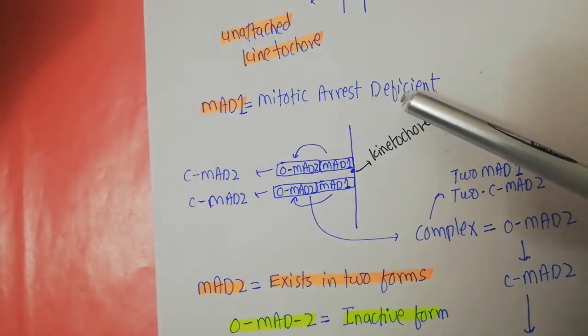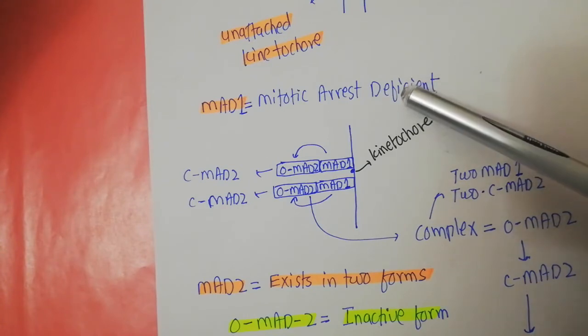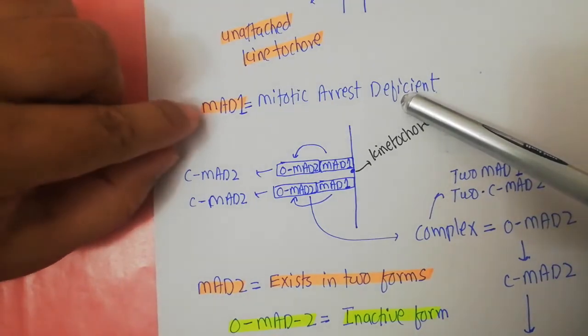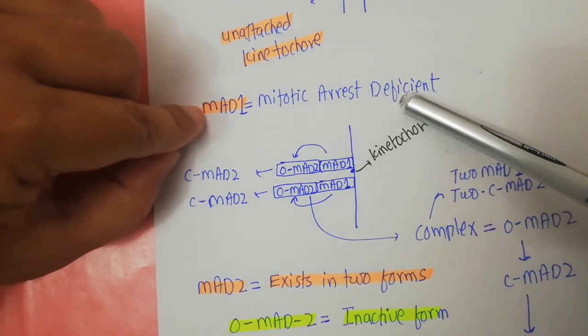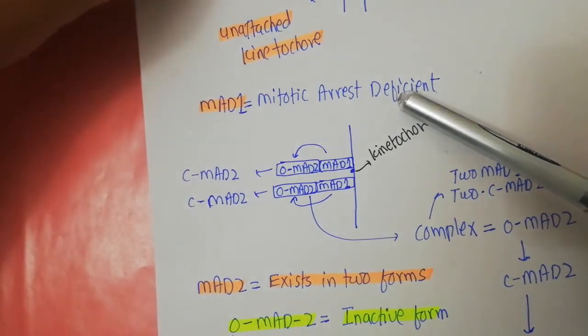This is known as the mitotic arrest deficient protein, because in a mutant cell, when there is a mutation in this particular protein, the process of mitosis cannot be arrested when there is a problem. Therefore, we call this the mitotic arrest deficient protein. And specifically this MAD1 protein is going to interact with the unattached kinetochore.